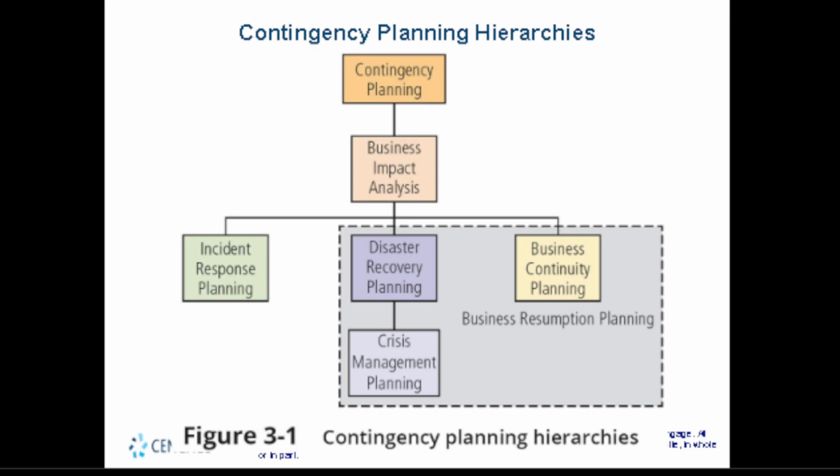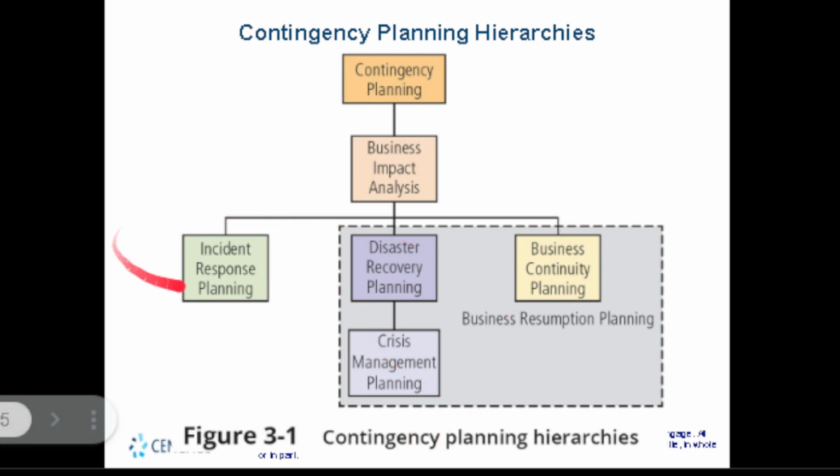So you've got your hierarchies in your planning. You've got your contingency planning we're starting with. You're going to plan for, think about how the business will be impacted by your procedures. What are the possibilities in your response?